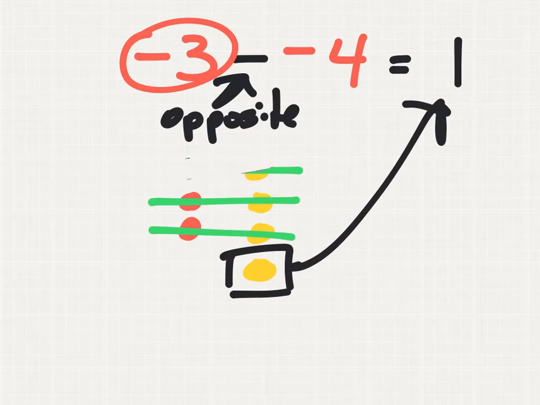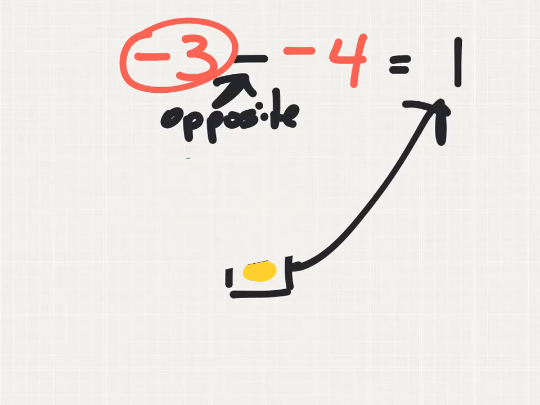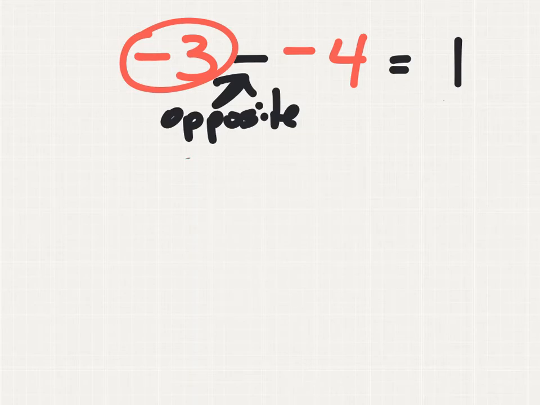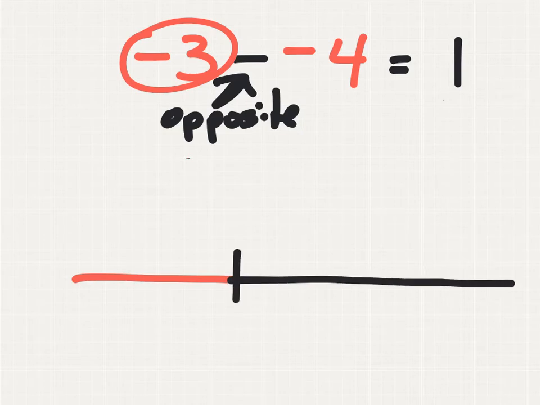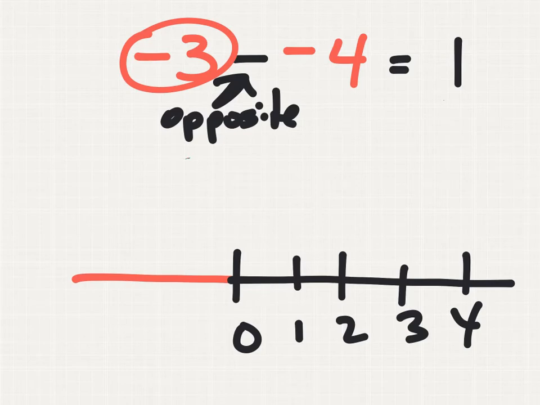So, if I use that same thought process, let's see if we can show how to prove this on a number line as well. I draw my number line, and I recognize that all the numbers to the right are positive, all the numbers to the left are negative.